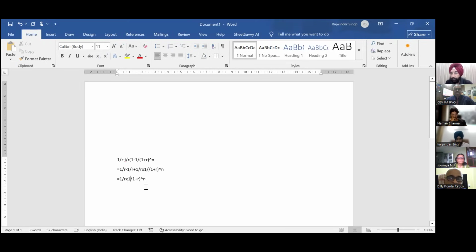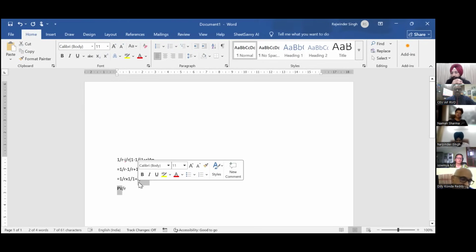This is present value. So this formula will become PV divided by R. Instead of writing this, you can simply write PV divided by R.